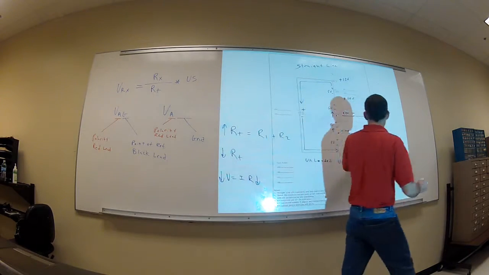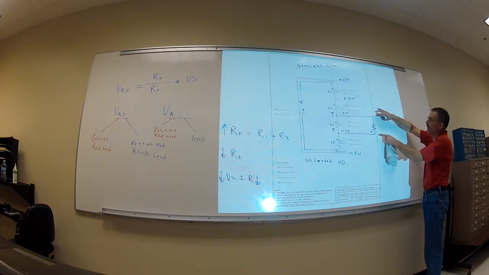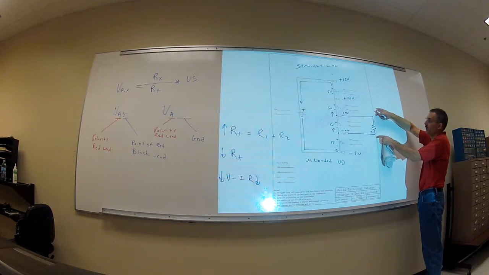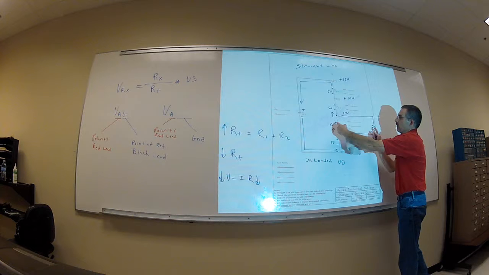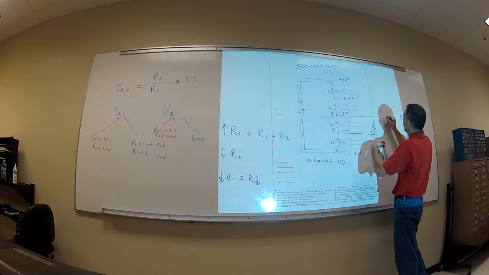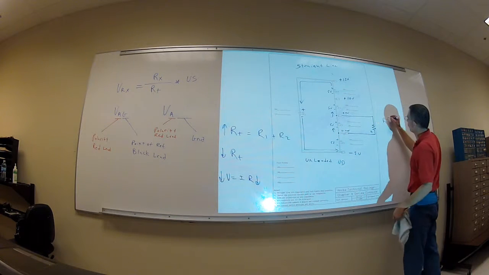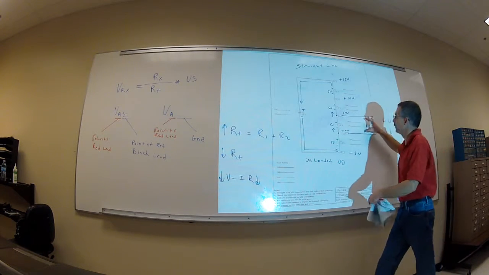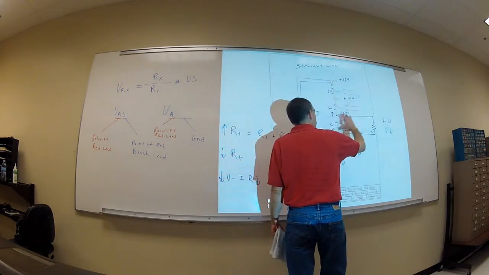So as I start adding more resistors across one of these components in this voltage divider, another name for a series circuit, the total resistance of these 2 combined is going to start to go down. And if R starts to go down, so does my voltage drop. So my voltage drop across R3 is going to go down.